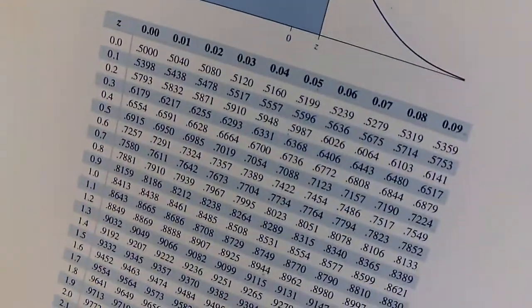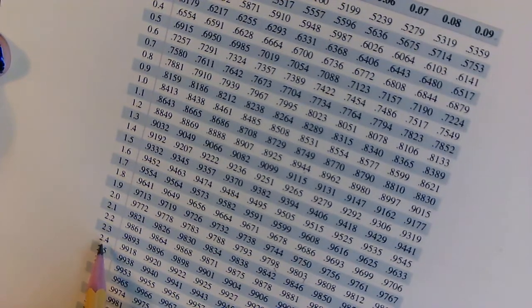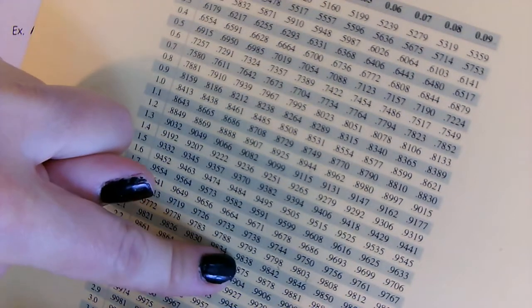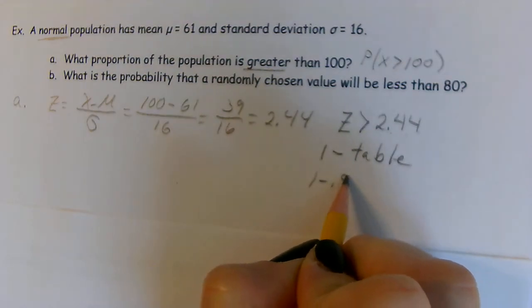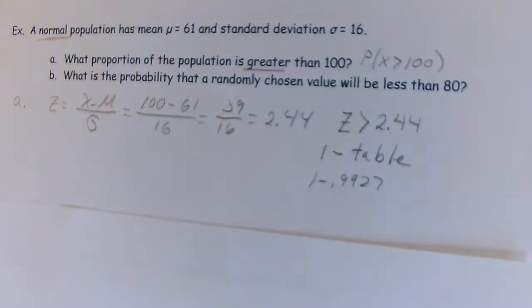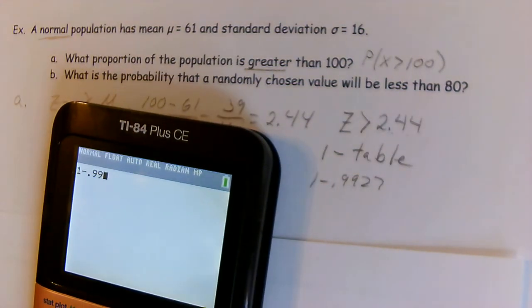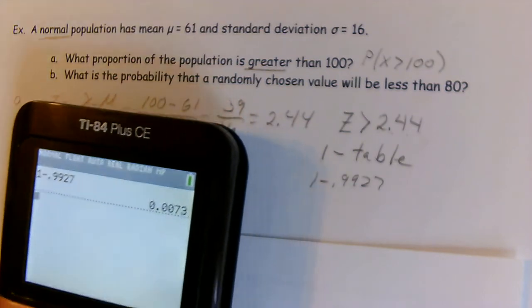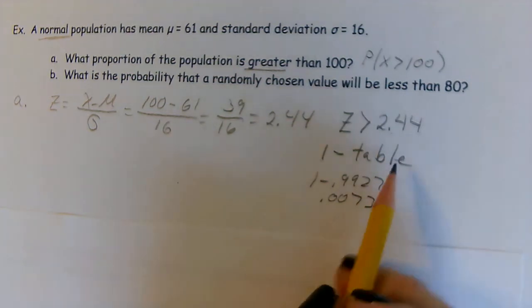I go to 2.4 and I'm going over to the fourth column, 0.9927. So that's 0.0073.